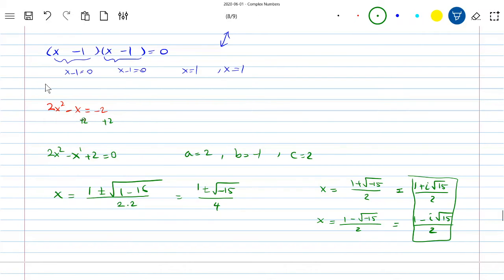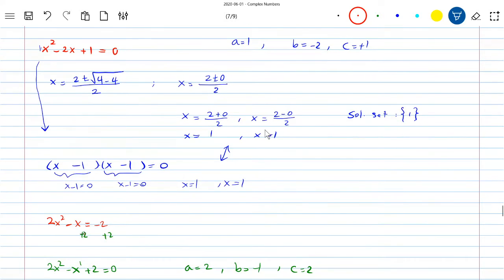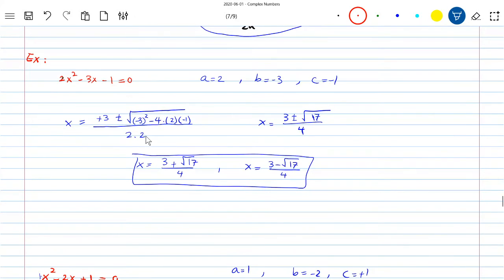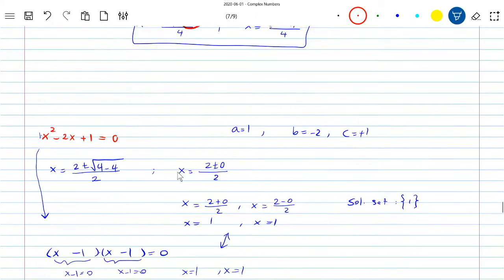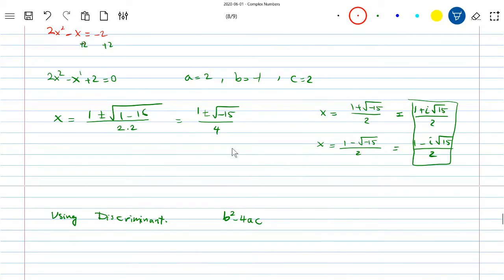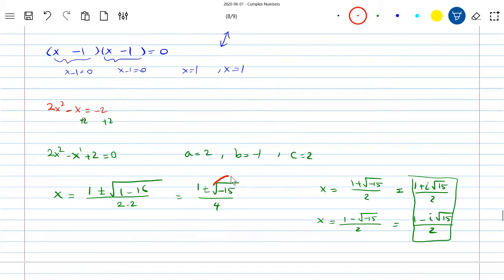What is important to notice is there are 3 cases when you deal with solving quadratic equations. In the first case, what we got underneath the square root was a positive number, 17. In the second example, what we got underneath the square root was 4 minus 4, which was 0. And in the very last example, we got a negative number underneath the square root.